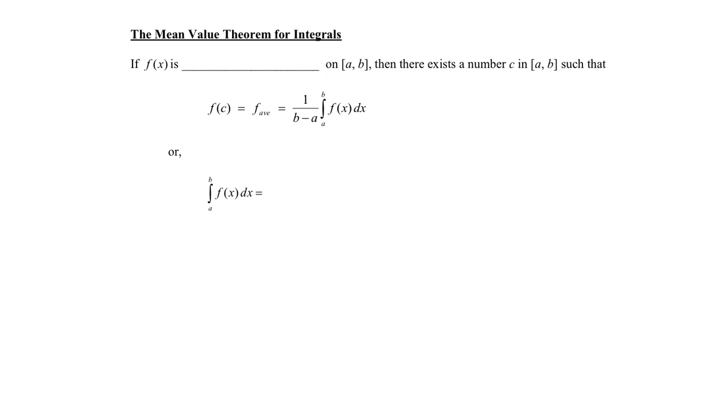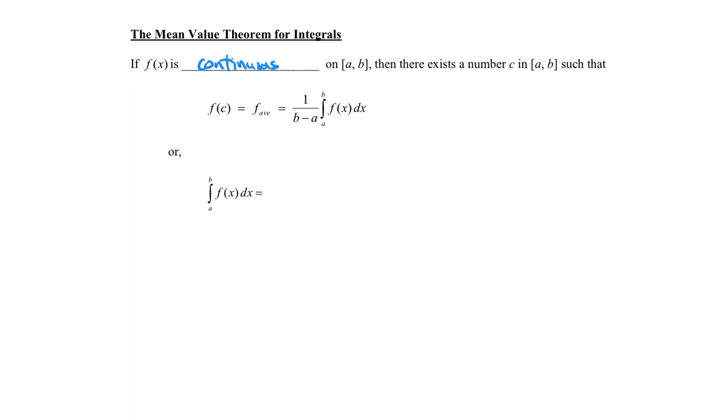Okay, so let's look at this new one though, the mean value theorem for integrals. It starts off in a similar fashion. If f of x is continuous on a, b, then there exists a number c in a, b such that f of c equals the average value of this function.